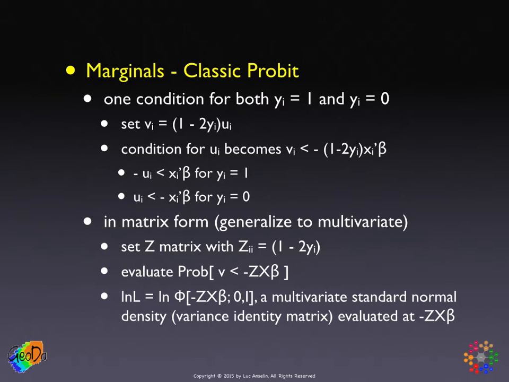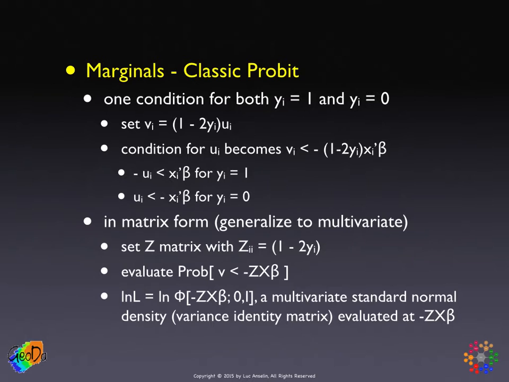So with this new transformation, this new kind of variable, 1 minus 2 y sub i, we can set the inequality condition for all cases as v sub i, which is minus u sub i for y sub i equal 1 and u sub i for y sub i equals 0. v sub i is less than minus (1 minus 2 y sub i) x sub i beta.